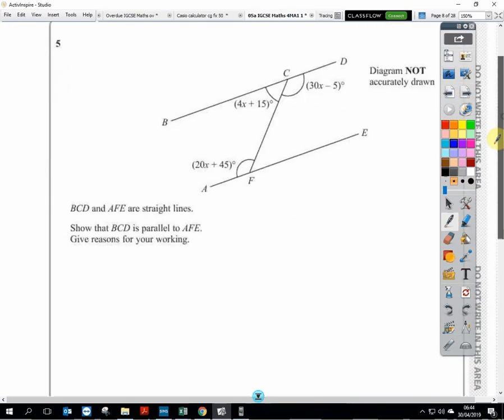Next. Okay, so show that they're parallel. So where do we start?